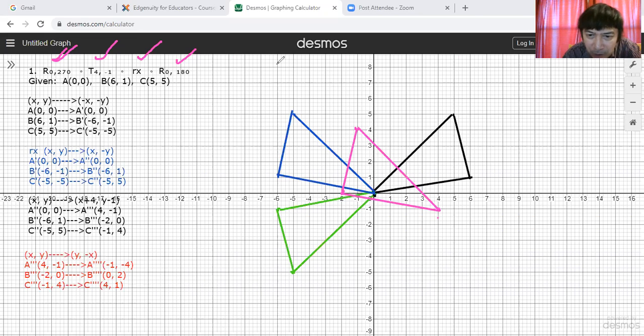That should be in the third quadrant there. And then 0, 2, that will be up here. And then 4, 1, that looks like the first quadrant. 4, 1 is this. And then we will just connect this.